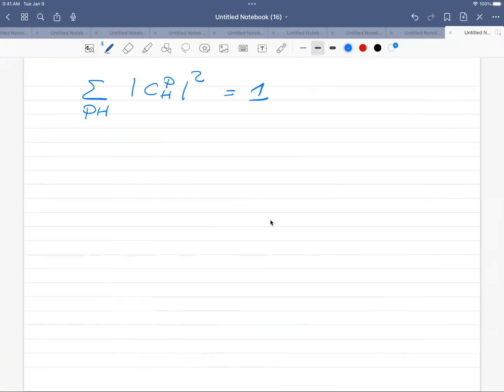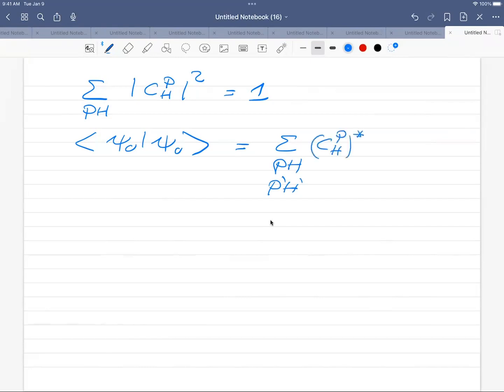That's a normalization condition. So you can see that when I take now psi 0 with itself, that has obviously to be given by the sum over all these particle hole configurations, pH and pH prime, and then I would have my C_HP complex conjugate times C_H'P'.